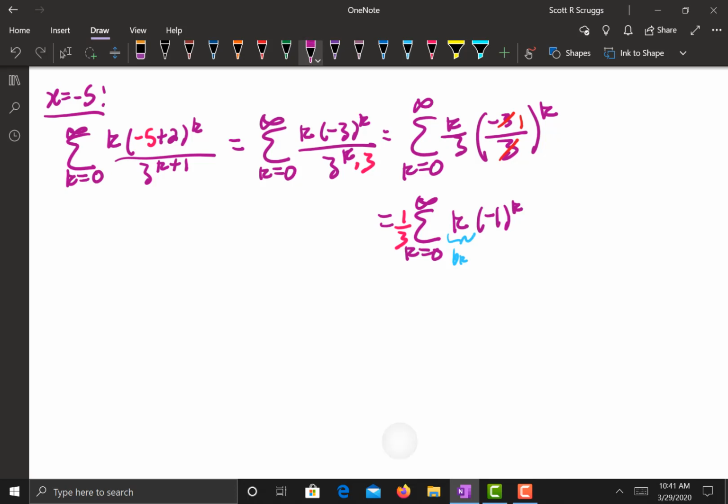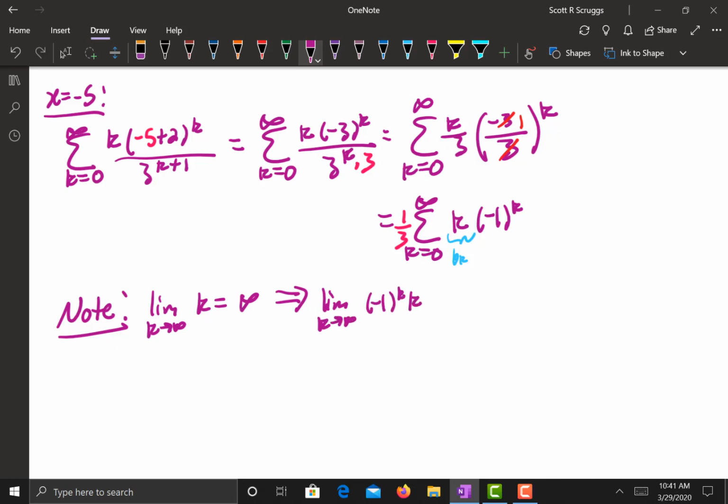But with that, here's my note. If I take the limit as k goes to infinity of k, I get infinity. And from what we talked about previously, the limit as k goes to infinity of (-1) to the kth power times k does not exist, and on a good day, that's definitely not equal to 0.